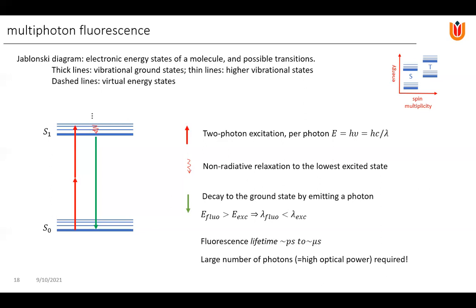So again, there is a big bump to some excited state, and there is a little bit of non-radiative relaxation to the lowest excited state, and then there is a decay emitting a photon. But in this case, because we have two photons doing the excitation, it means that the energy of the emitted photon is going to be larger than the energy of the photons of the excitation.